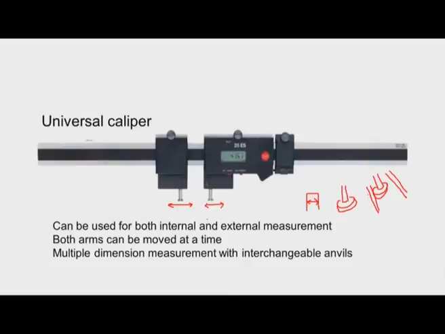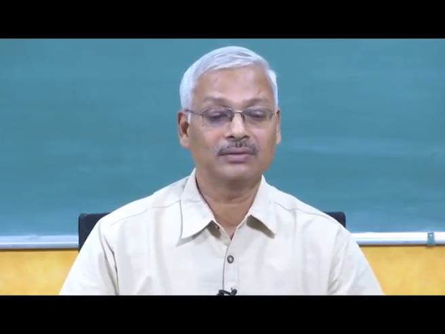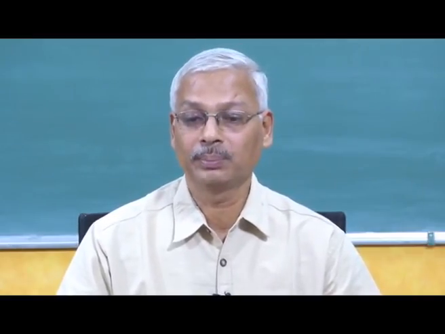And then the internal dimension measurement is also possible, and then center distance is the distance between two holes. So, that center distance can be measured, and then the distance from edge of the workpiece to the center of the hole. So, that is also possible.